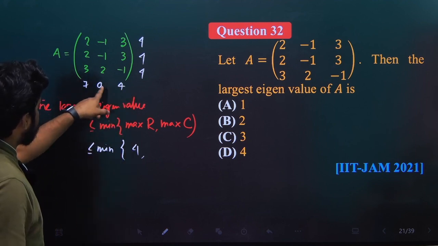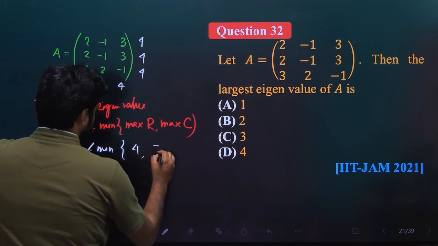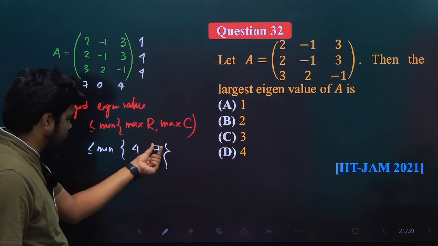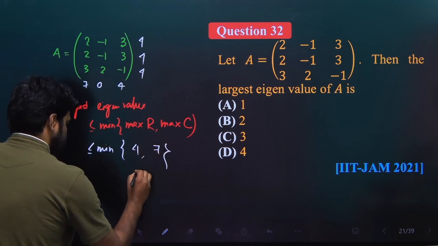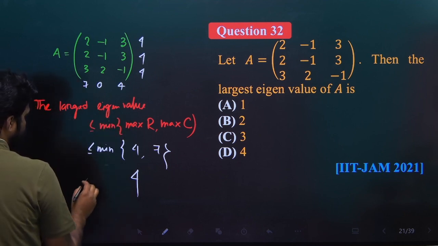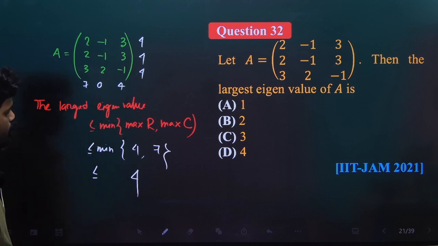So what is the largest max? That is 7, 4, 0, maximum that is 7, okay? So minimum of 4 and 7, that is 4, okay? So the largest eigenvalue is less than or equal to 4, okay?